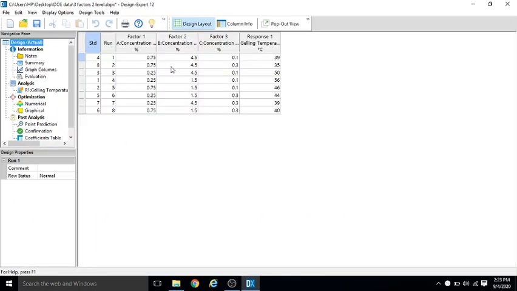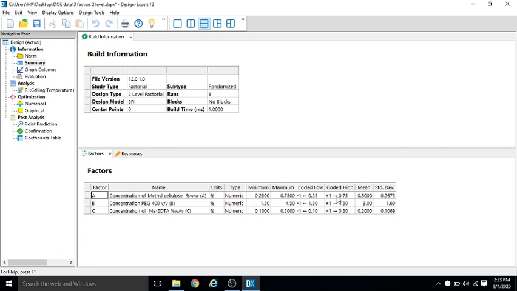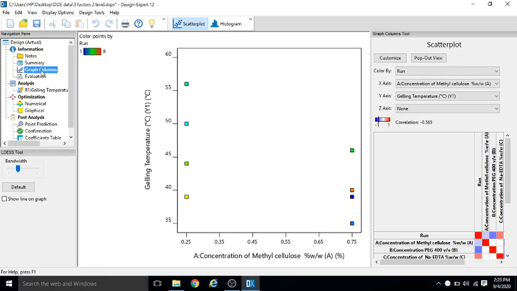This is your study table, which contains data. So 3 different factors. There are 2 levels, high level and the low level, right? So here you can see factors with 2 levels, level high and level low. And then you have the graph column.